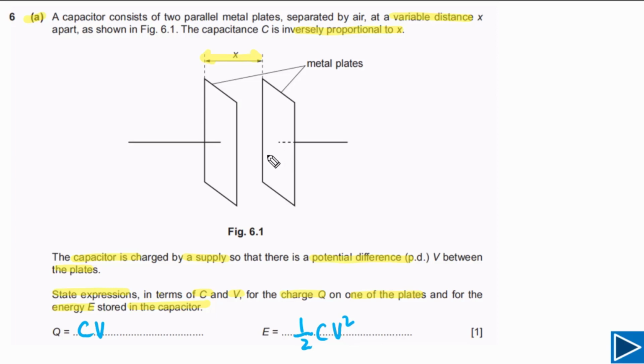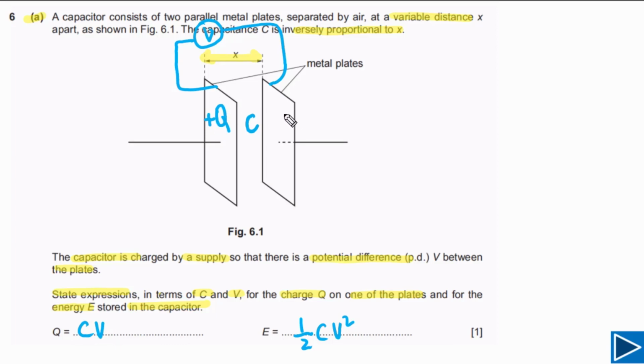Now let's try to understand the meaning of Q is equal to CV. Q is equal to CV means if the capacitance of this capacitor is equal to C and the potential difference between the two plates of the capacitor is equal to V, then the charge stored on these plates will be equal to Q. Means the charge stored on one plate will be equal to plus Q, and this is the magnitude of the charge, that is equal to CV.